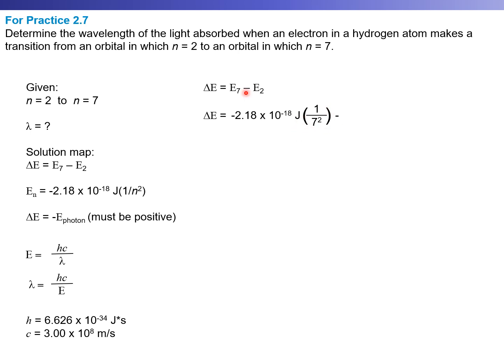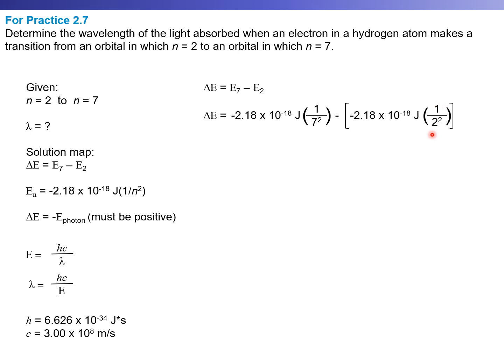And then we're going to subtract this same calculation except for the second principle. And because this is a negative number in front, I'm going to go ahead and put all of that in brackets just to keep everything really clear. So here's, it's going to be minus our negative 218 times 10 to the negative 18 joules over 2 squared.